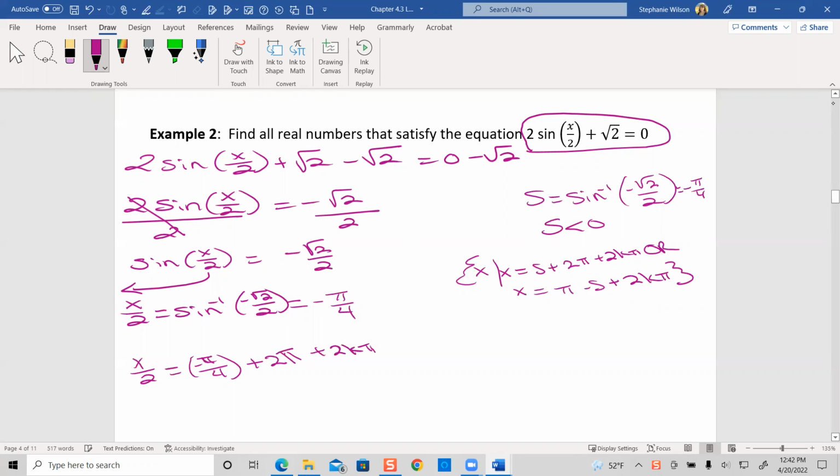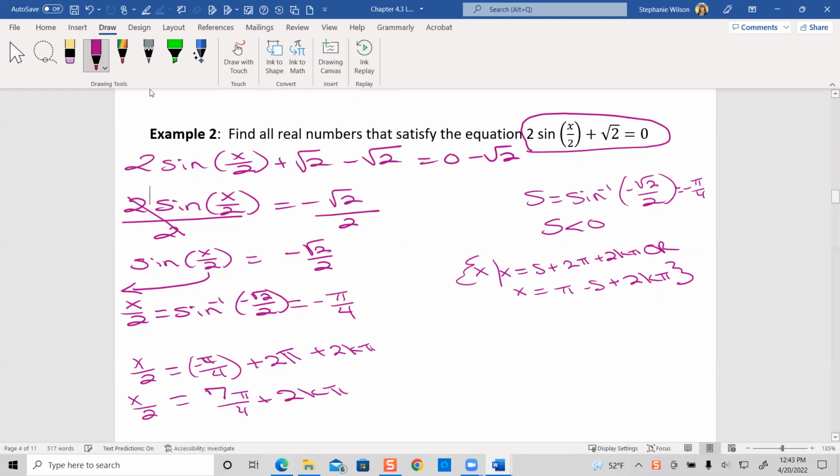That's 2k pi. I might just clean this up before I do anything to the x over here. So now just double check on our calculator. I've got a negative pi fourths plus 2 pi, because those are the like terms, we can put those two together. Gives me a 7 pi fourths plus 2k pi.